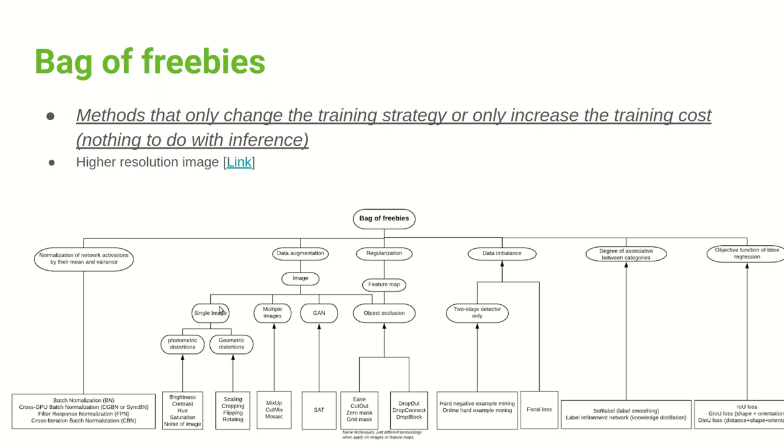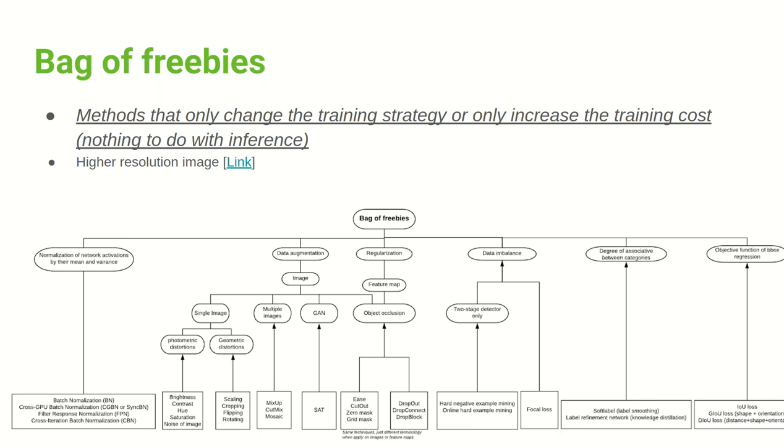Then we can also see the multiple image part. We have MixUp and CutMix. That is basically stitching different images together with different strategies. With MixUp, perhaps you switch the head of a cat into a cow, and CutMix is like stitching two images together, so you provide more context information within one image.